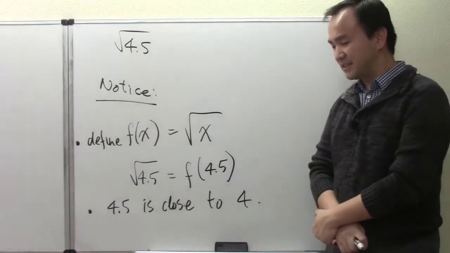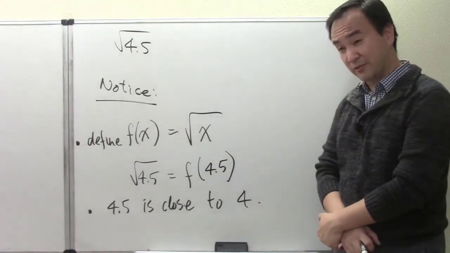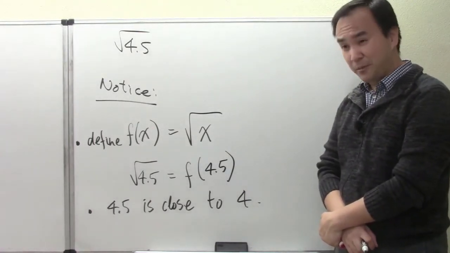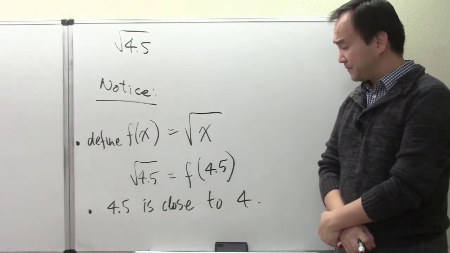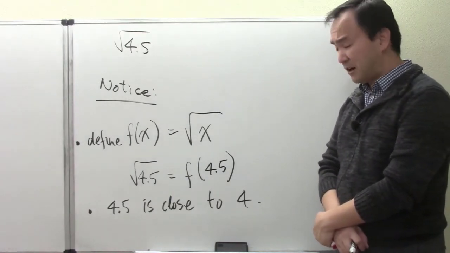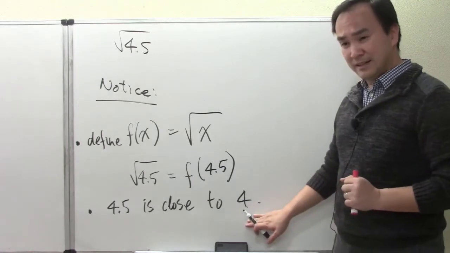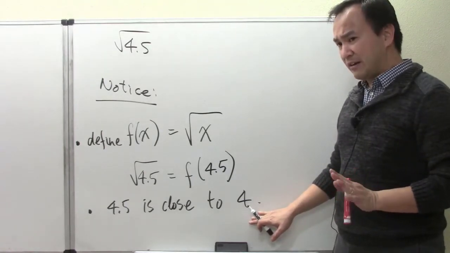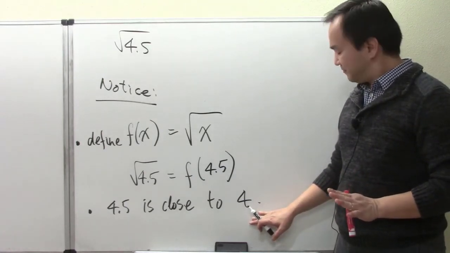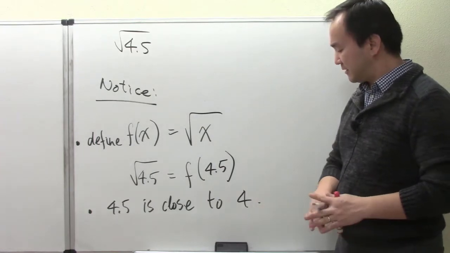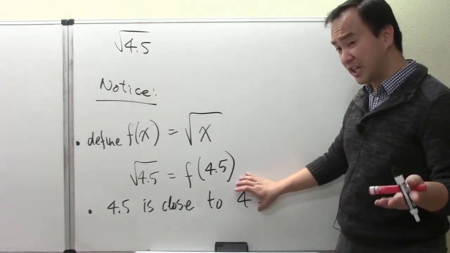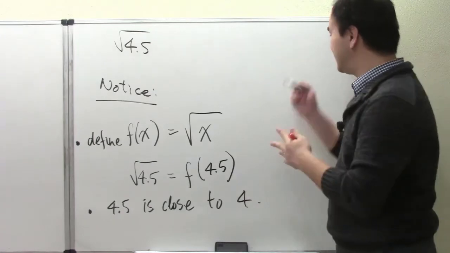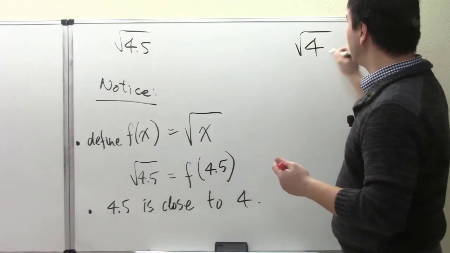When I'm asking this for video viewers out there, feel free to pause the video and think of what I mean right here. It's close enough. It's only 0.5 away from 4. But why do I all of a sudden mention this value? Simply because 4 is close enough, and 4 is an easy value to substitute.